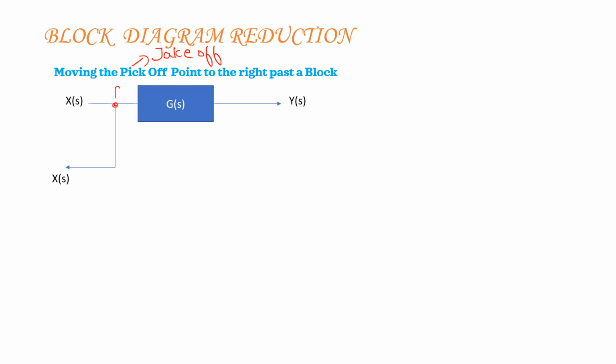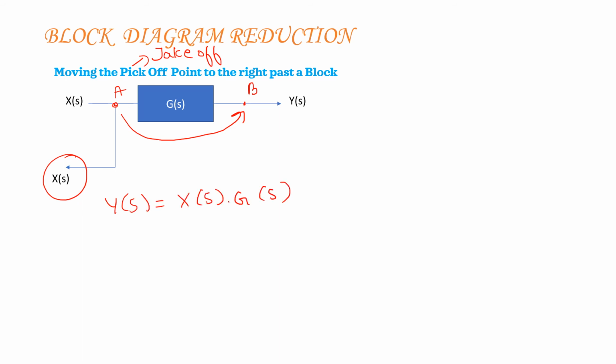Now this is point A, right? And this is point B. Now the takeoff point is to be shifted from A to B, provided our X(s) is not going to change, and Y(s) is also not going to change. Okay, so now what is X? Y(s) is nothing but X(s) into G(s), right?